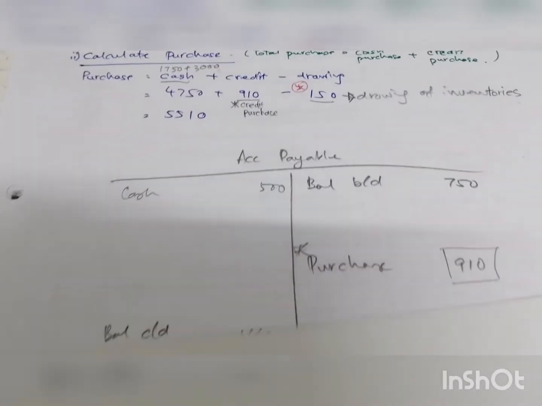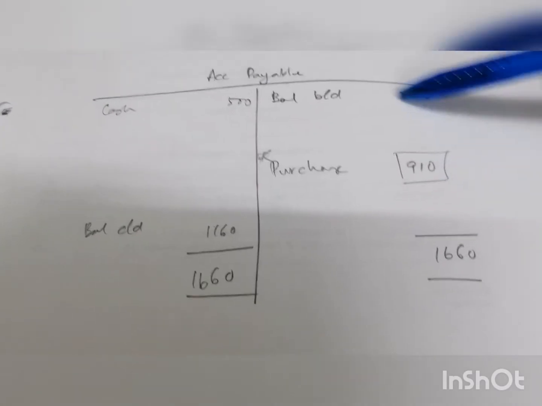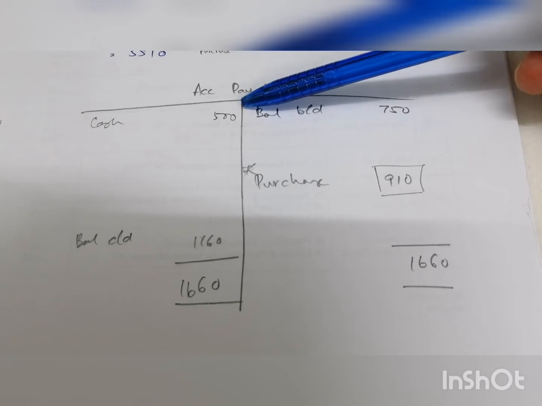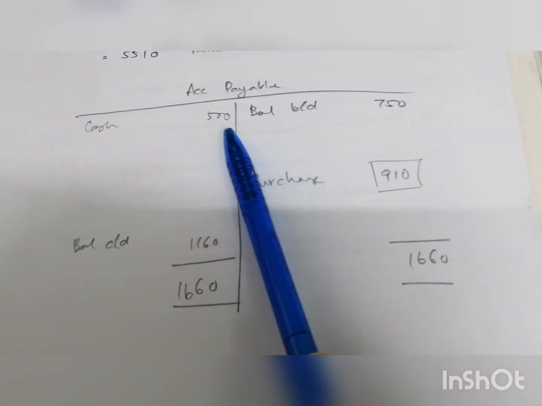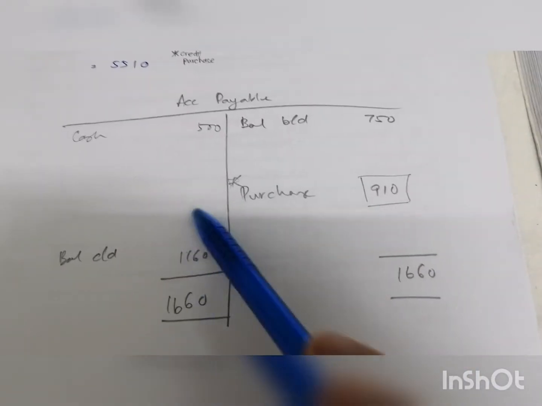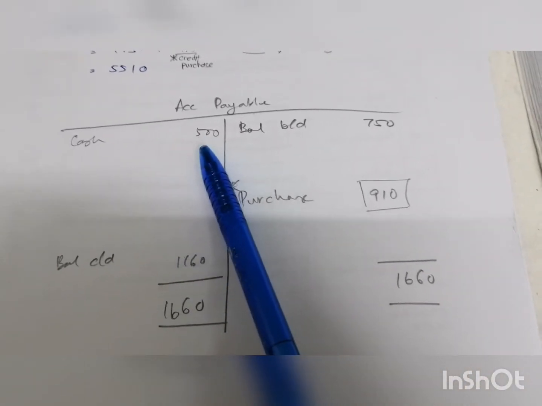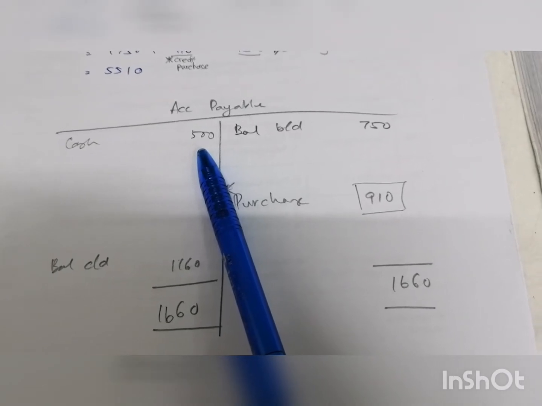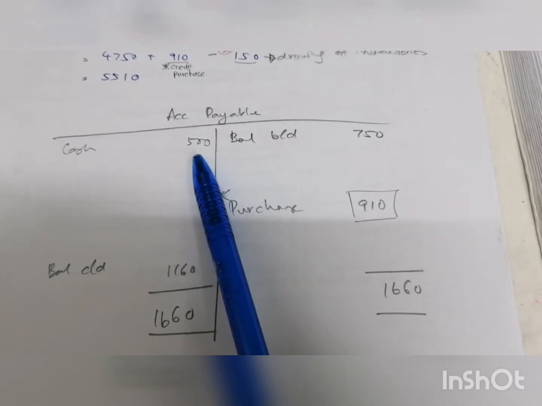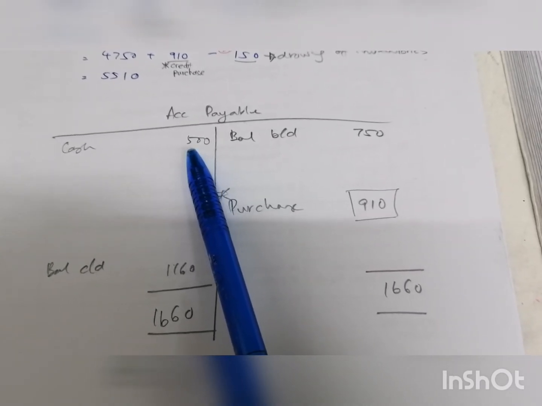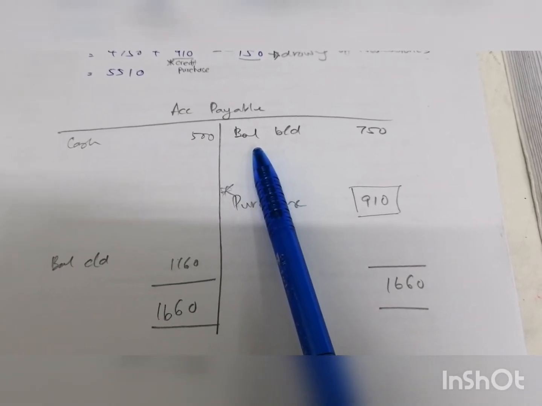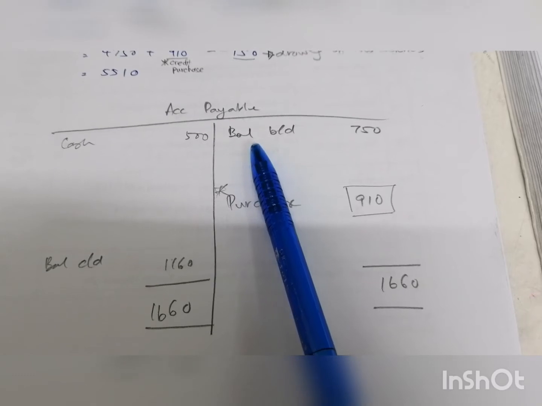Now in the T account of account payable, we need to debit cash 500. This one is shown in the cash book. So you debit cash. This one is also given in the balance of assets and liabilities.